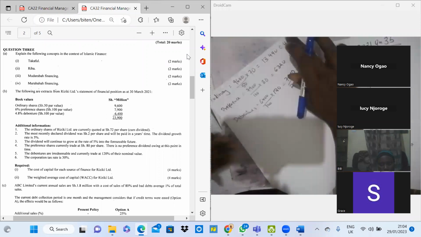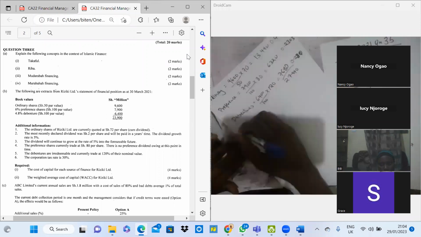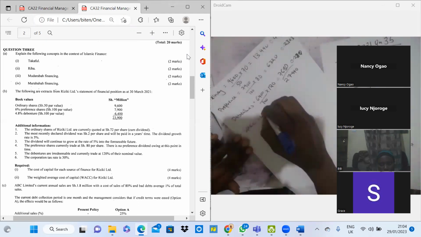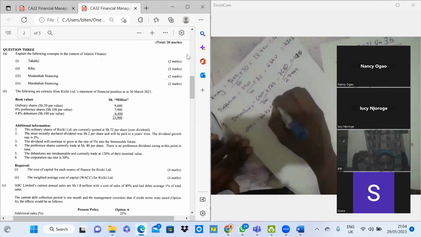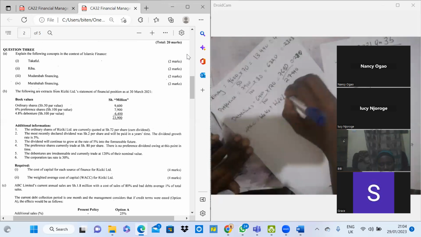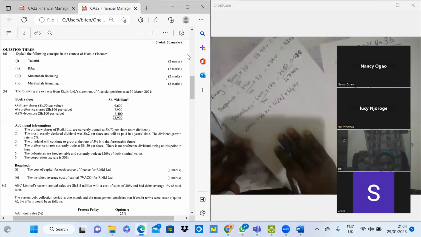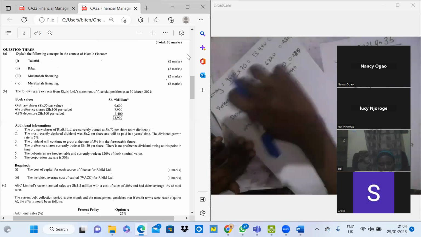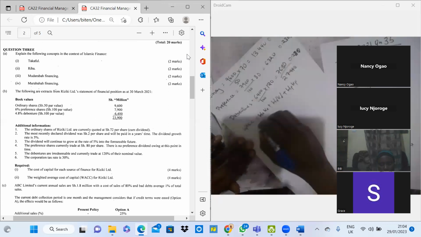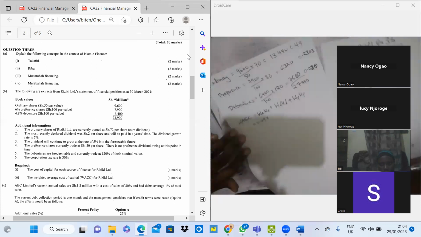So after getting the weights, now we get the WACC, which is weight of equity times cost of equity, plus weight of debt times cost of debt, plus weight of preference times cost of preference. So the weight of equity is 0.49 multiplied by the cost of equity.